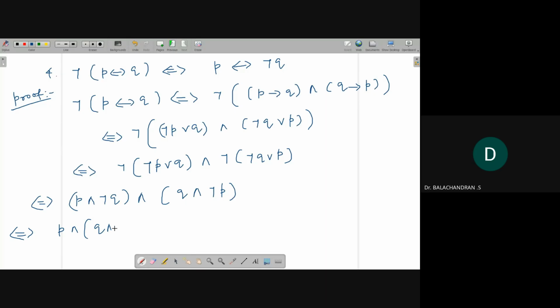Q and negation P. And then here I have this, and I am writing here. Next, B is what here? Negation Q. That is B. Again C. B and C. C is Q and negation P.